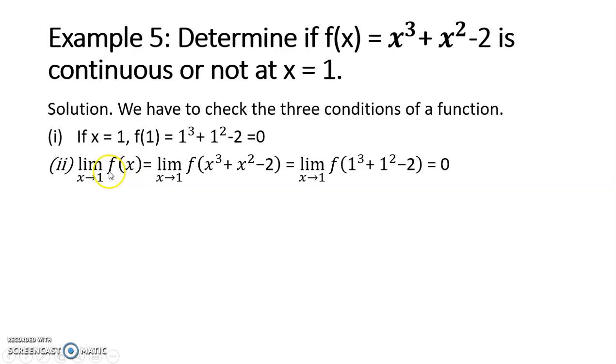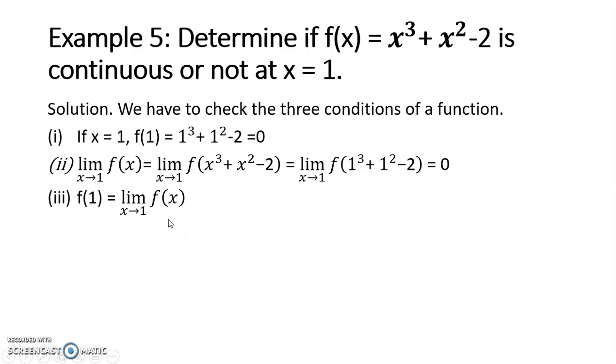The limit of f of x as x approaches 1 is the limit of x cubed plus x squared minus 2, which equals 1 cubed plus 1 squared minus 2, which is 0.